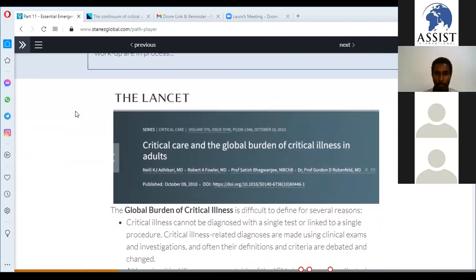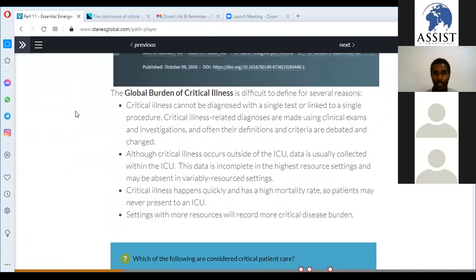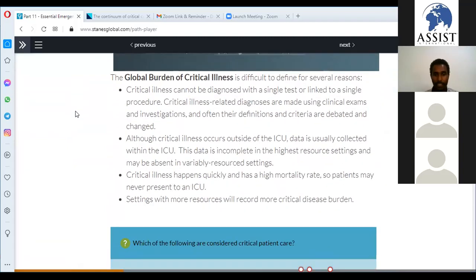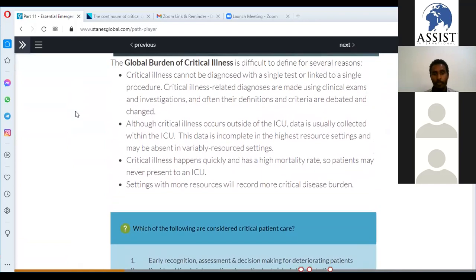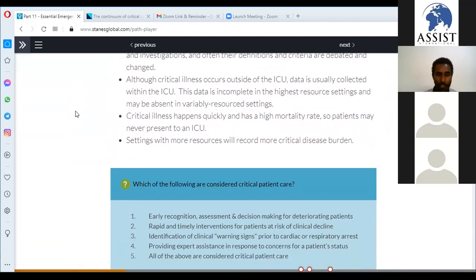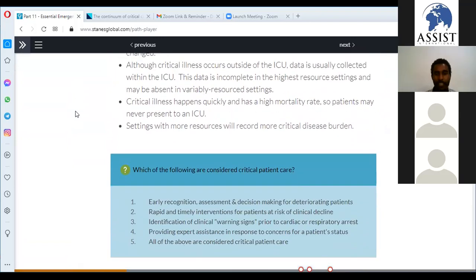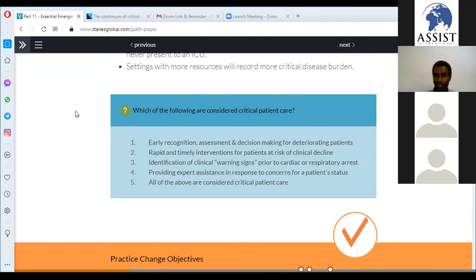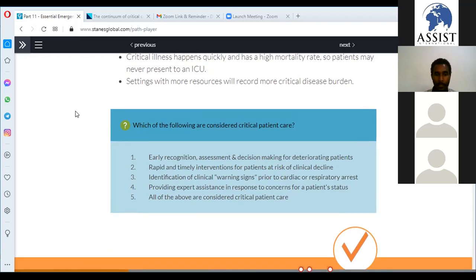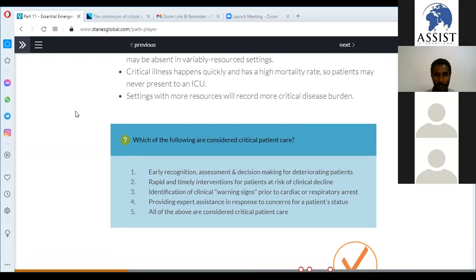So the question is, what is the problem in this patient? That means to identify whether the patient is a critical patient or not, and how the patient is managed. Which of the following are considered critical patient care?